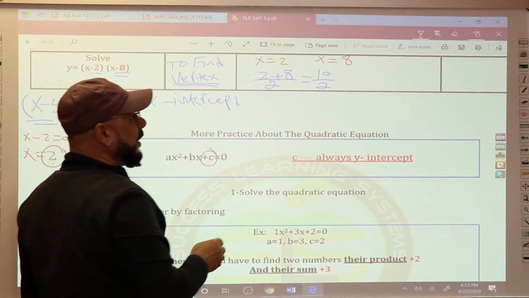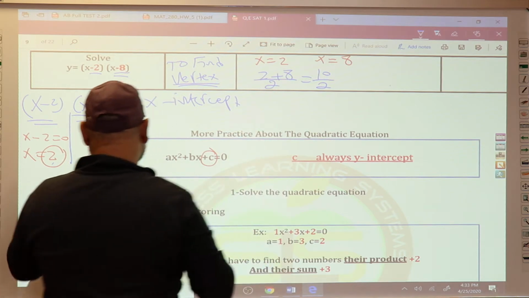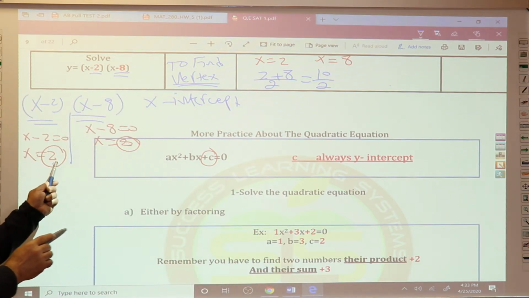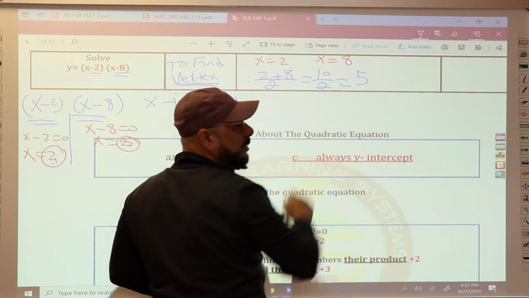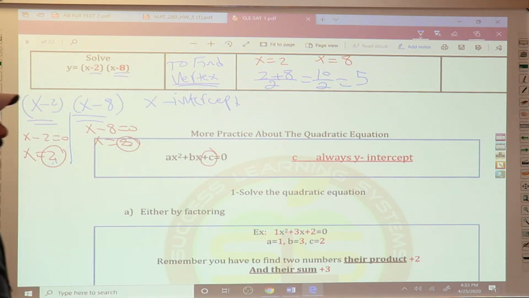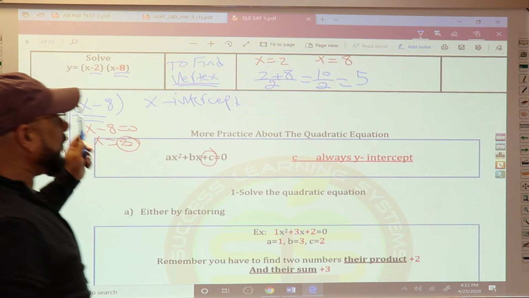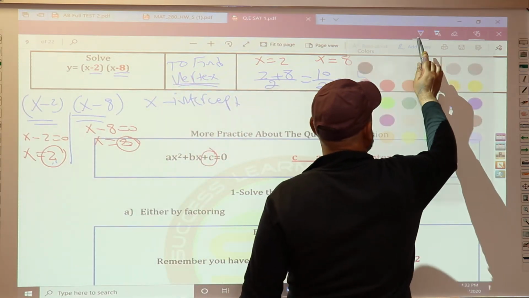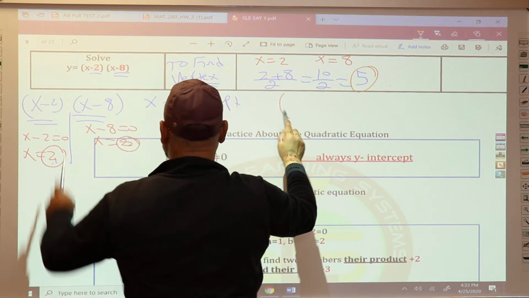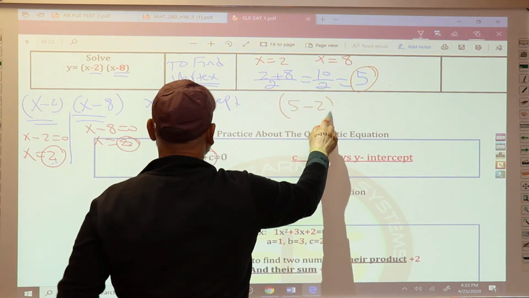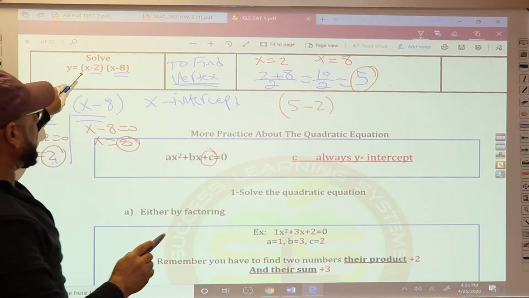Good? Now, we add the 2 intercepts, the 2 and the 8, which is equal what? 5, right? Now we plug the 5 where? In the equation. Remember, this is the 5 I need. You plug the 5 into my equation. 5 minus 2 for x. You see that here, the x?